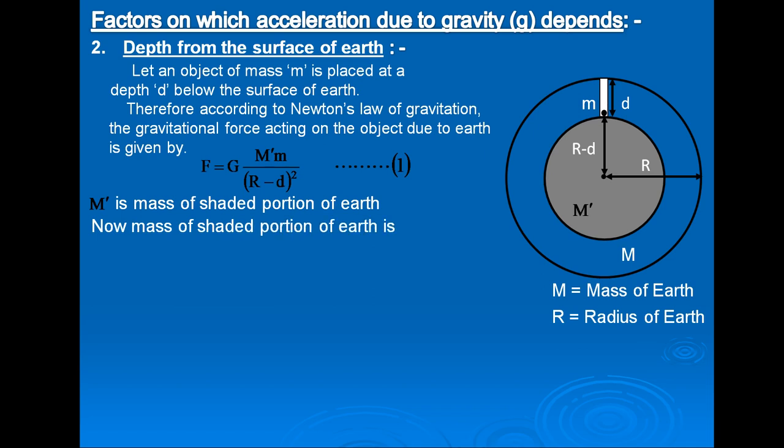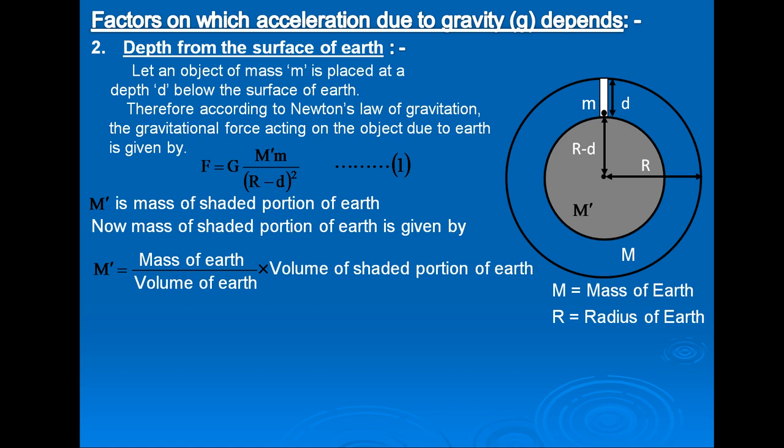Now the mass of the shaded portion of earth is given by M dash is equal to mass of the earth upon volume of earth multiplied by volume of the shaded portion of the earth.